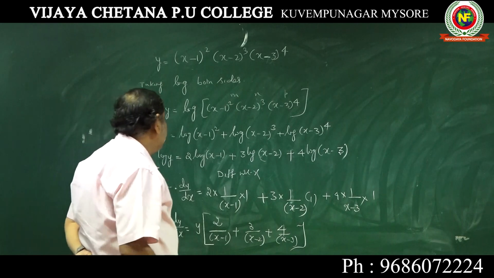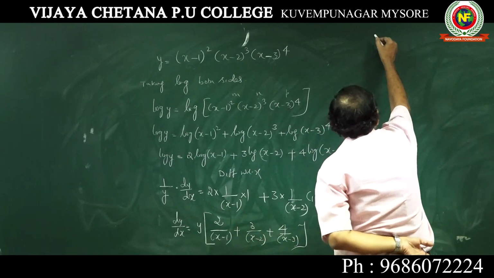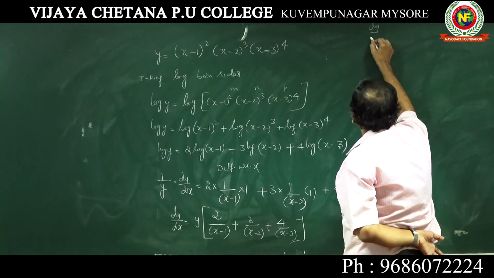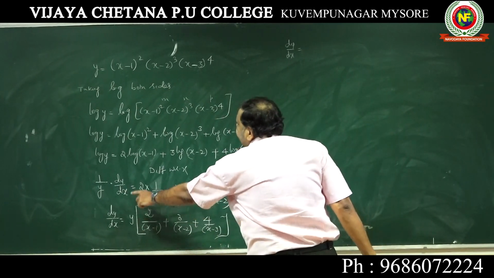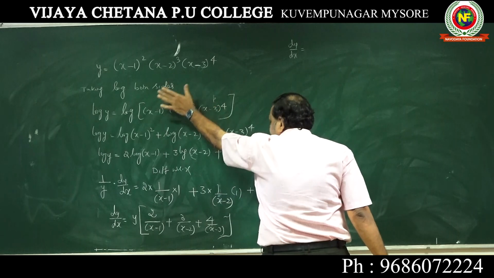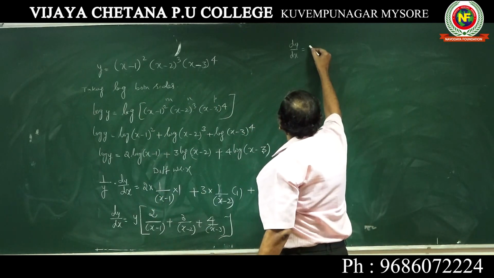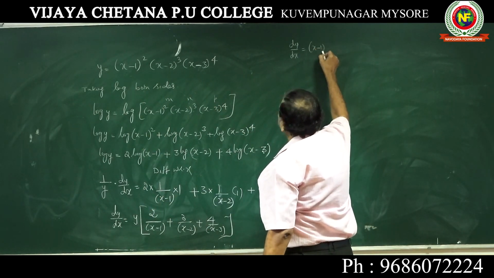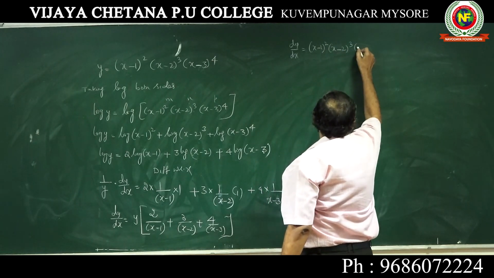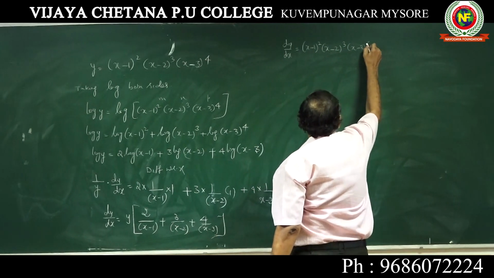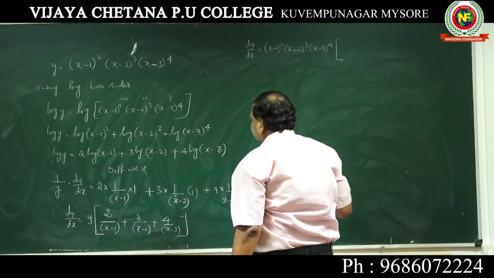Now substitute back for y. dy by dx is equal to y into, what is y? So much you should write. Never keep y as it is. It is (x minus 1) whole square into (x minus 2) whole cube into (x minus 3) whole to the power of 4 into so much big bracket.